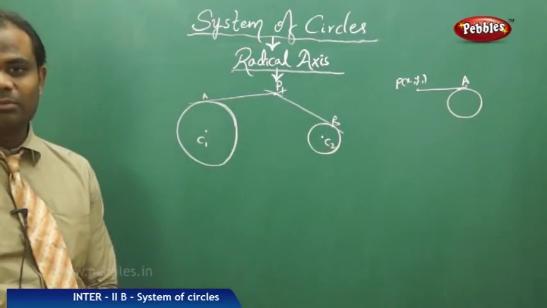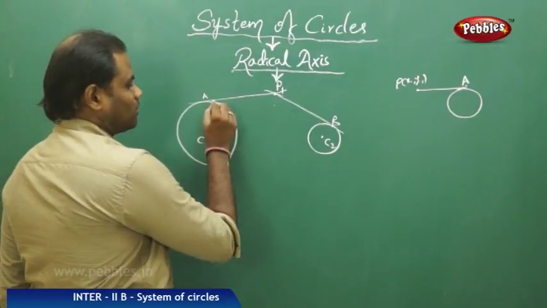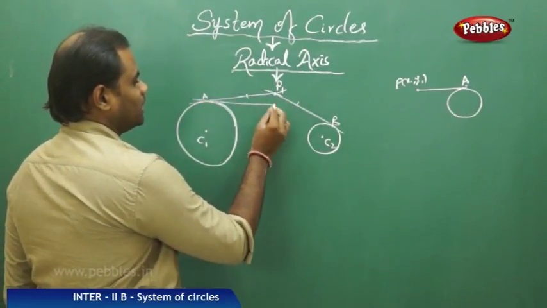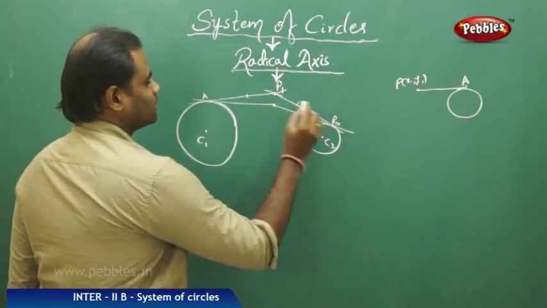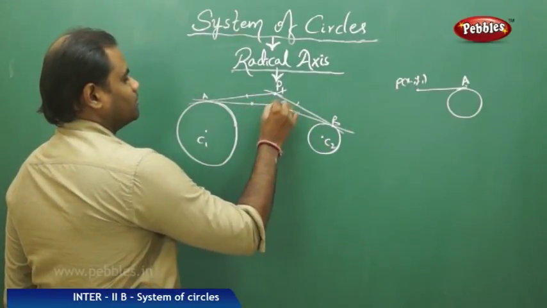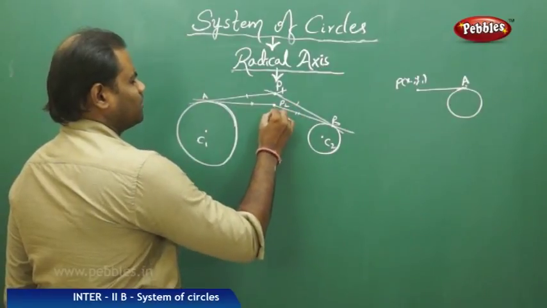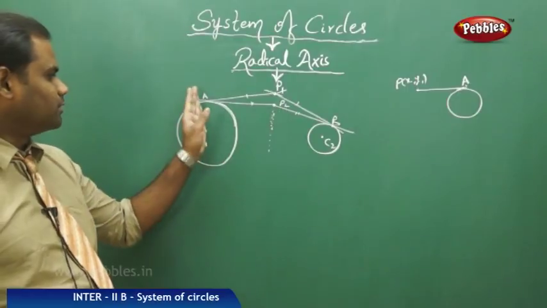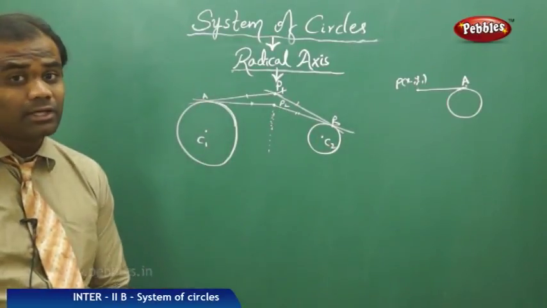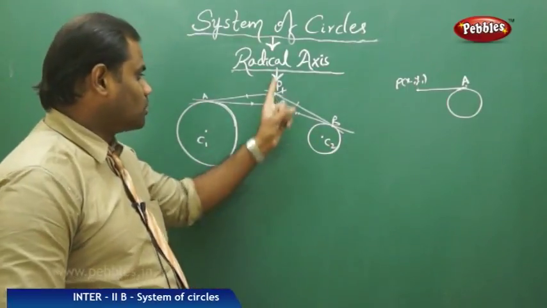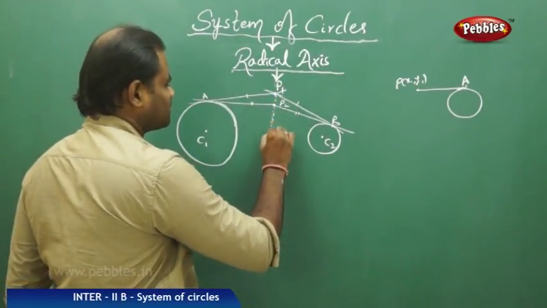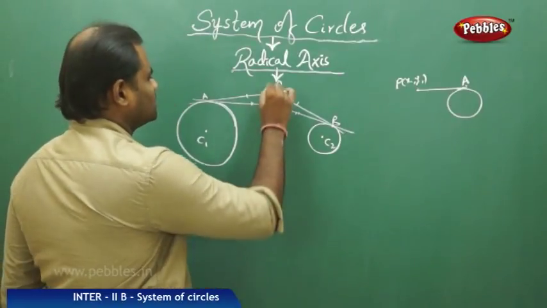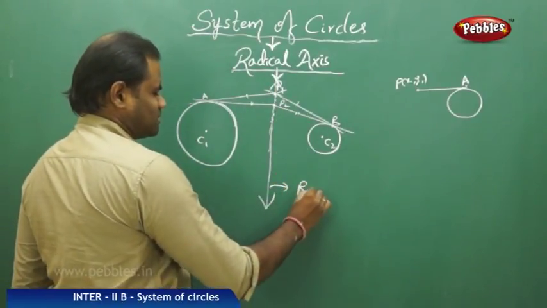Similarly, let me take one more point P2 where the power is equal as well. So if I have the set of all points in such a way that the power of the point with respect to either of the circles is equal, then we say the locus of all the points which we join is called the radical axis.